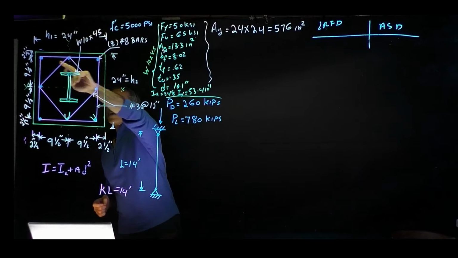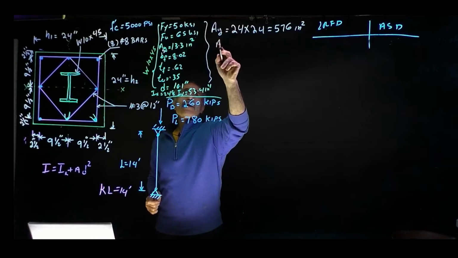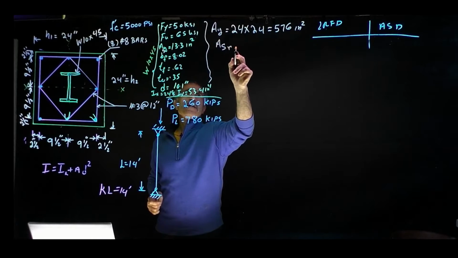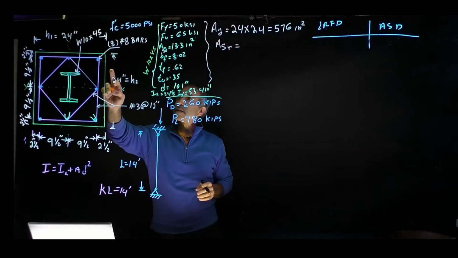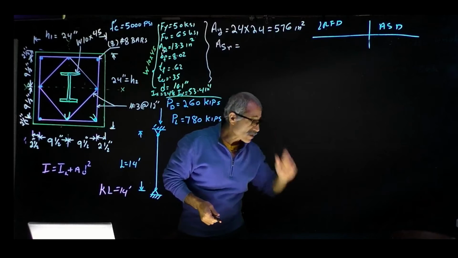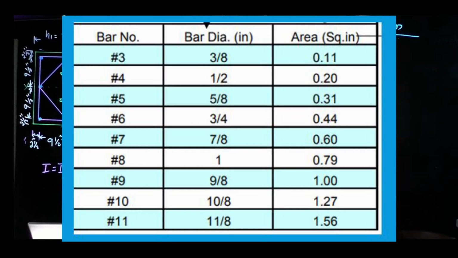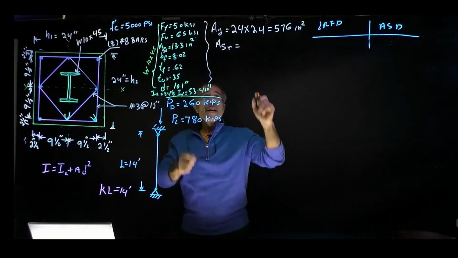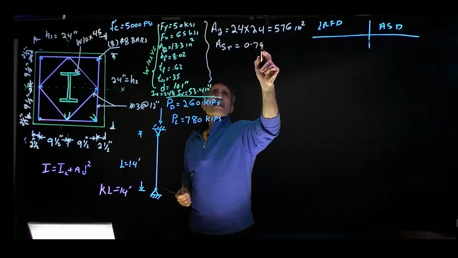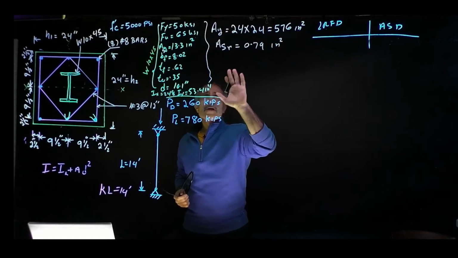The next thing we want to find out is the area of the longitudinal rebar, which are these blue dots I have here, 8 of them. So the area of steel rebar, and if we look at it, guys, this is a number 8. If we look at the chart, number 8 is 0.79 square inches per each rebar.